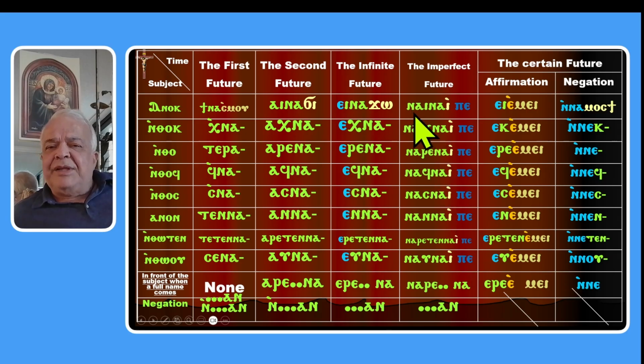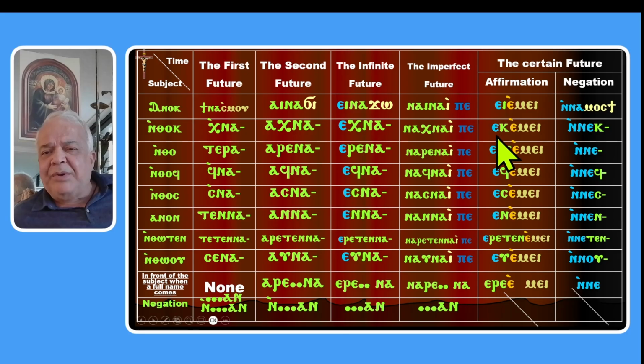So let's read it together. Nai na i pay. I am planning to come, or I may come in the future. Nak nai pay. Nak na i pay. You may come in the future. Here we use the K instead of kabba.